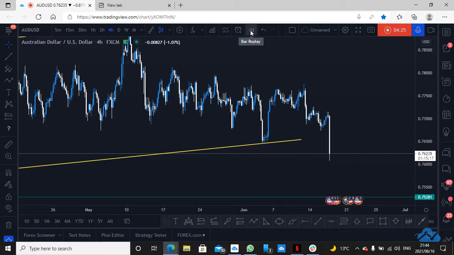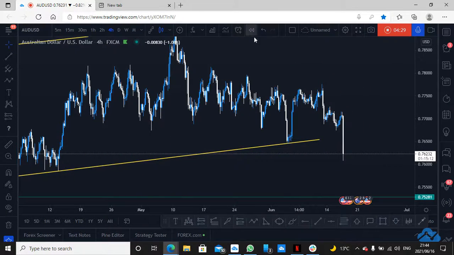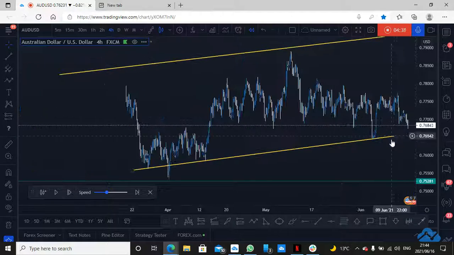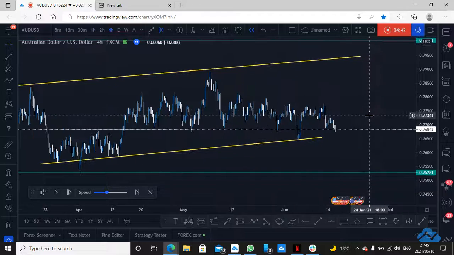I'm just going to do a Fibonacci as well, because I want to show you what I was looking at. From there, we've had this structure, guys.